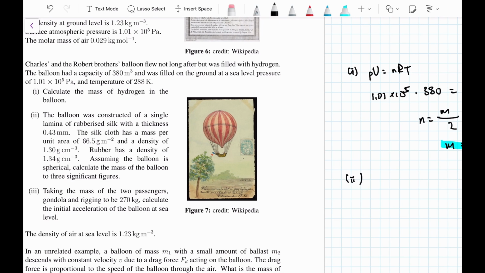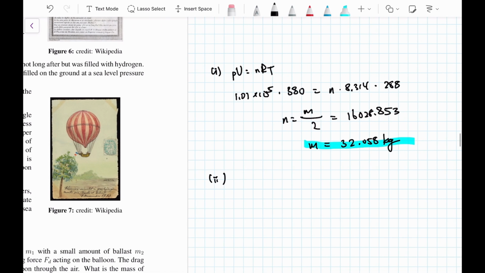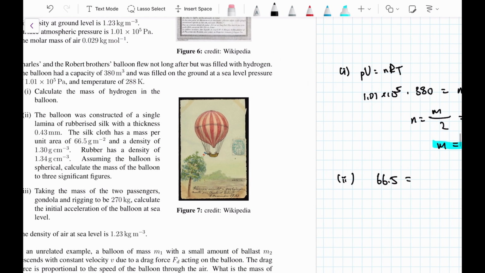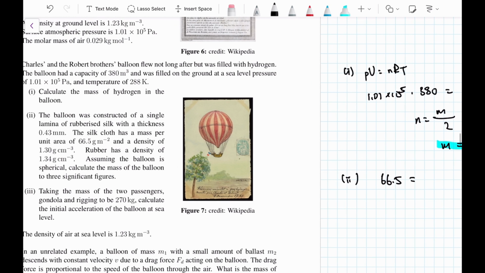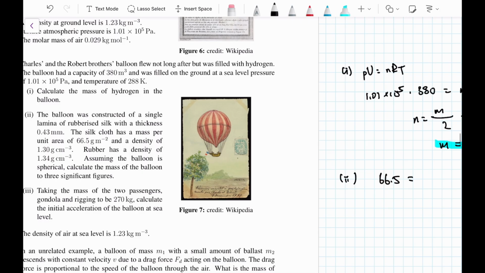It's given that the thickness is 0.43 millimeters. I think one way to do this is that what we know is that 66.5 is equal to the density, which is 1.3, multiplied by the thickness.